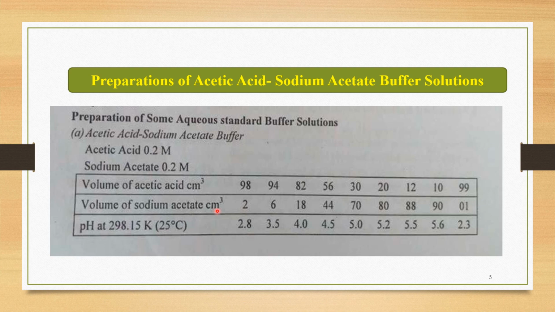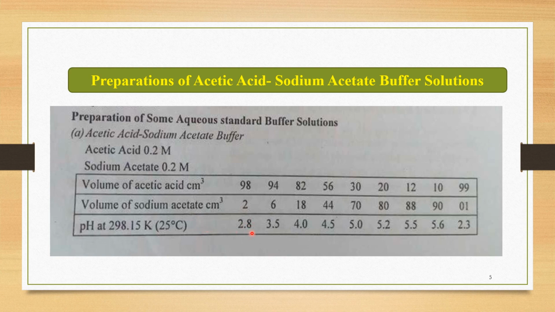So first of all, if we want to prepare this acetic acid sodium acetate buffer, if we take the volume of this acetic acid as 98 and the volume of sodium acetate in cm³ equal to 2, so total volume becomes 100. If we check the pH of this particular buffer solution made up from acetic acid and sodium acetate at 25 degrees centigrade, the pH obtained is equal to 2.8.